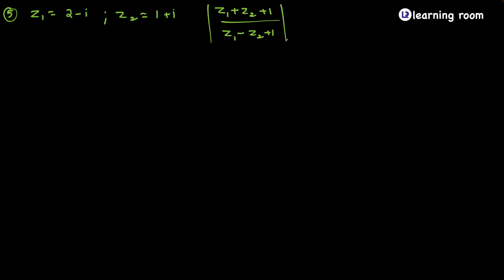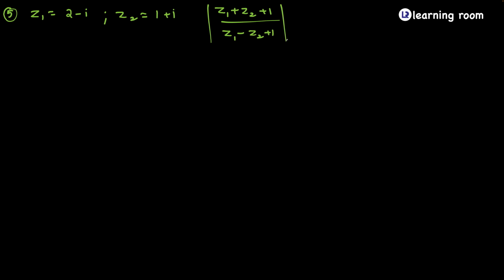If Z1 is equal to 2 minus i and Z2 is equal to 1 plus i, find the modulus of Z1 plus Z2 plus 1 the whole divided by Z1 minus Z2 plus 1. Right? So this is what we need to find.